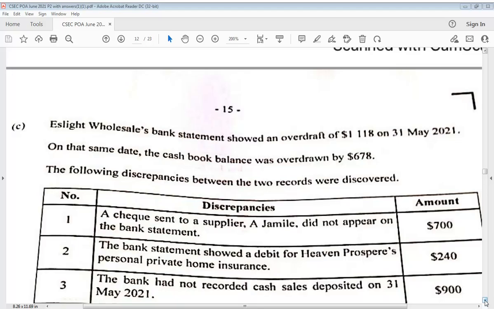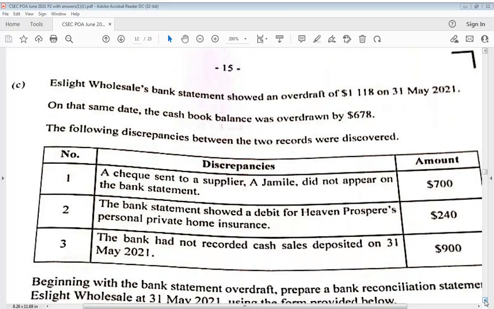So what does this tell us? Obviously, that the checks were not cashed, even though it was paid out before the bank statement was prepared. So we know that is an unpresented check.